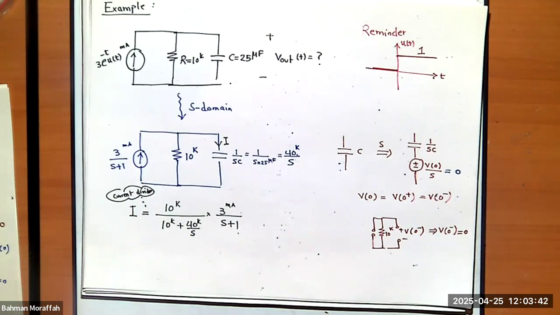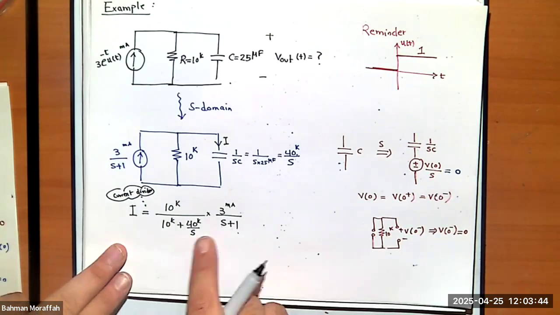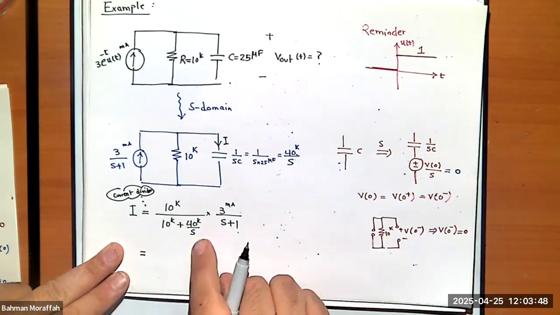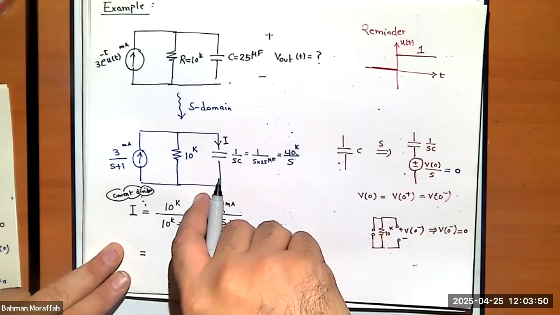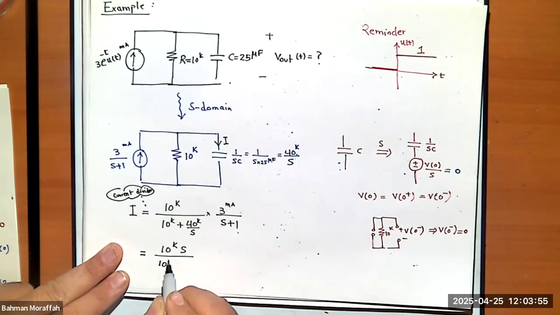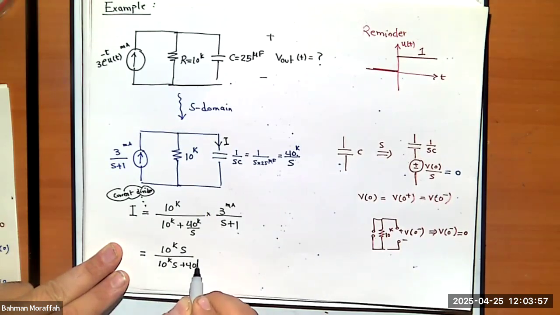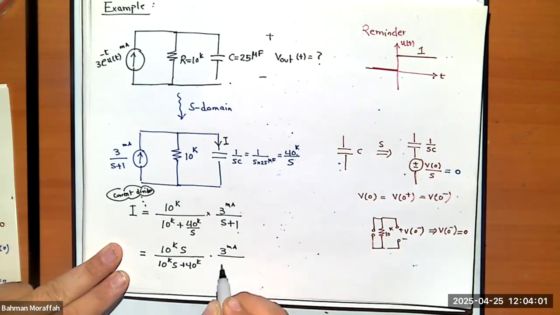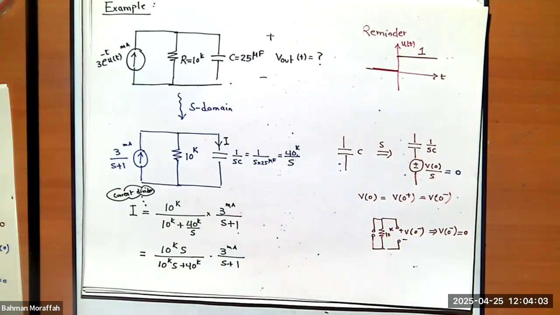Obviously, I can simplify this a little more. I can find a common denominator down here, which is S, and then I can take that S to the top. So I get 10K times S divided by 10K times S plus 40K, the whole thing times 3 milliamps over S plus 1.